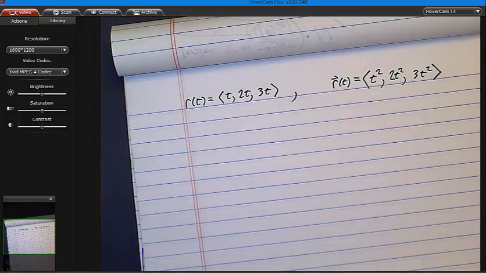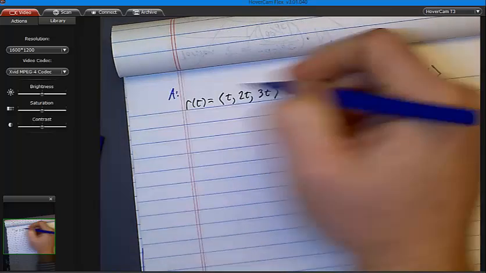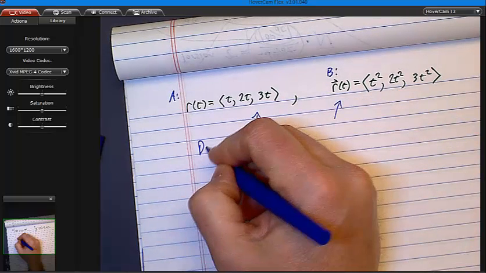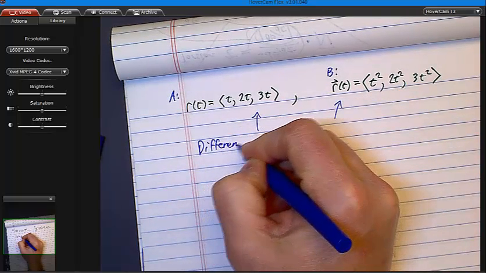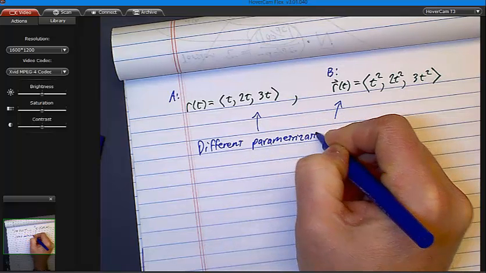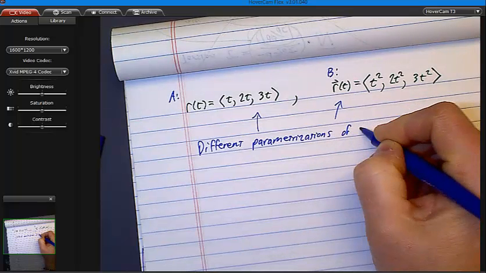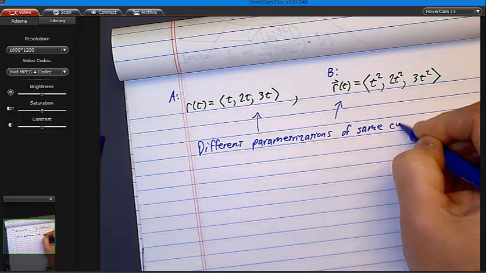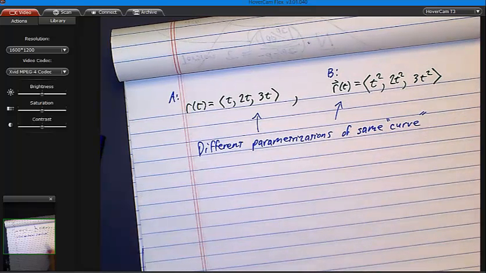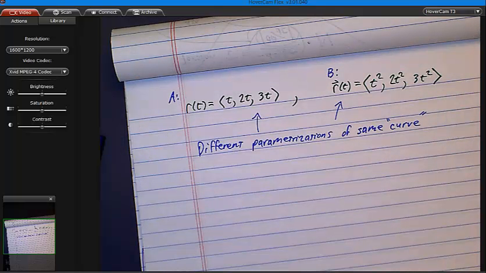So again, let me show you what's going on here. This is A, and this is B. And what I really have here is different parameterizations of the same curve. And I say curve, I should really put quotes around it, because what shape is this if you actually graphed it? Do you know? 1, 2, 3.